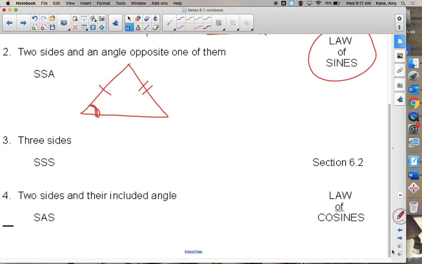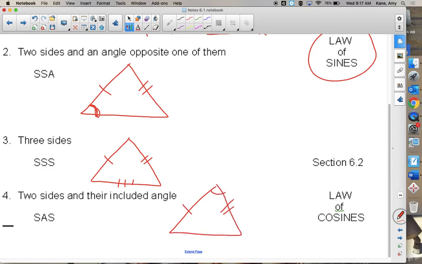The other options that you also learned about in geometry would be if you had three sides. If I have three sides, you also can't use that to prove triangles are congruent, because if the three sides are different, then they're not going to be congruent. And then you have side, angle, side, which is two sides and then the angle squished in between them, wherever that happens to be.